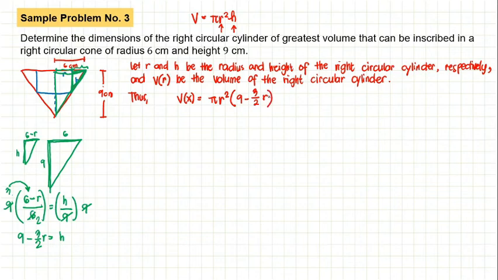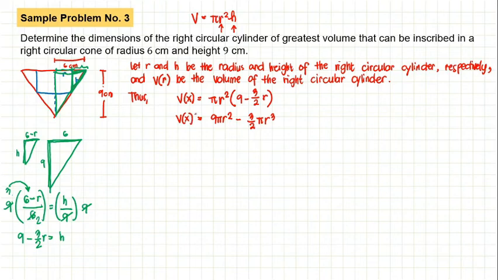Okay? To make it easier to differentiate later, let us distribute. So we will have 9 pi r squared minus 3 halves pi r cubed. Okay, so we are now done with our objective function.